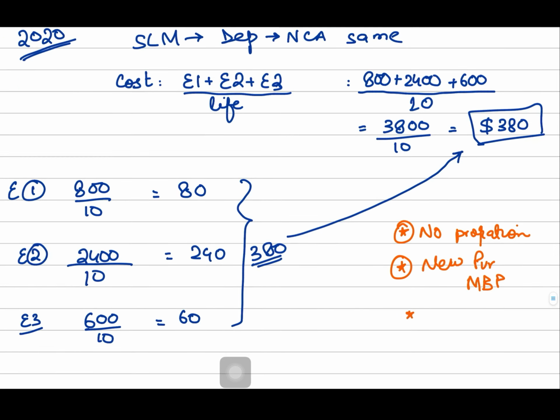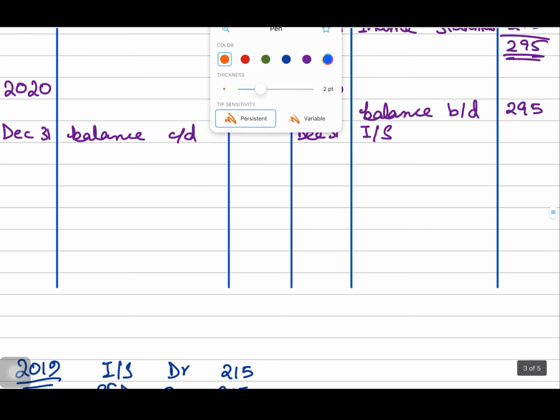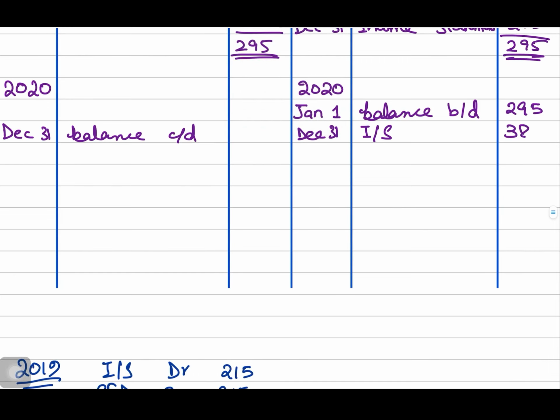And thirdly, since we are following the straight line method, you just have to take the cost and not the net book value. So the cost remains the same in every year, and you just divide it by the number of years. And since in this example the useful life was also the same, that also benefited us in calculating depreciation in an easier way. So my current year depreciation for year 2020 is 380.